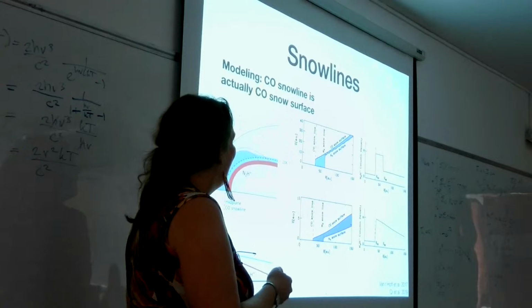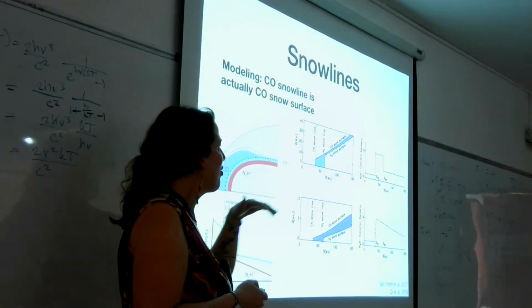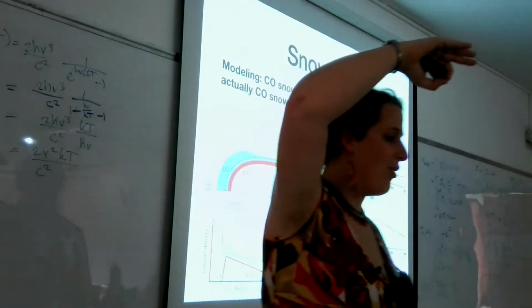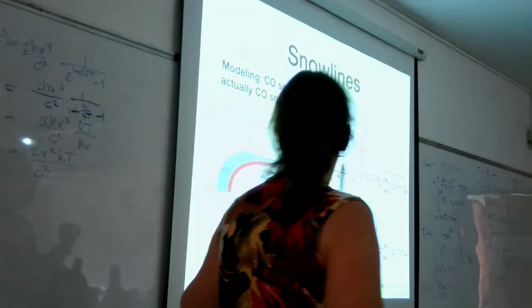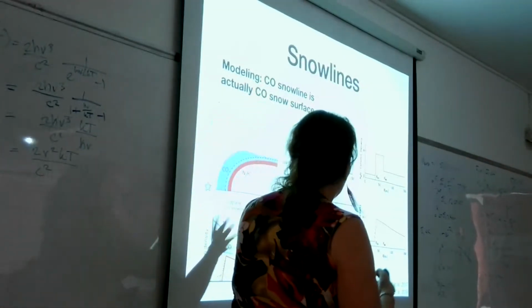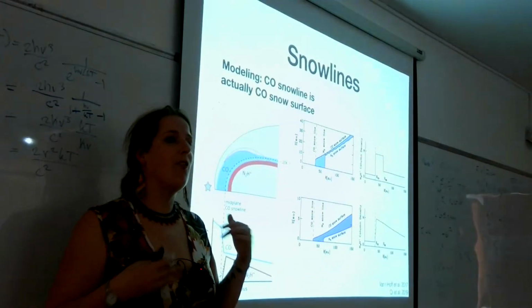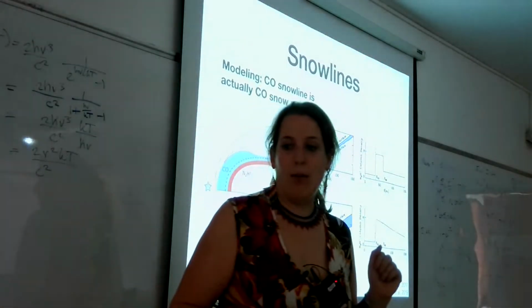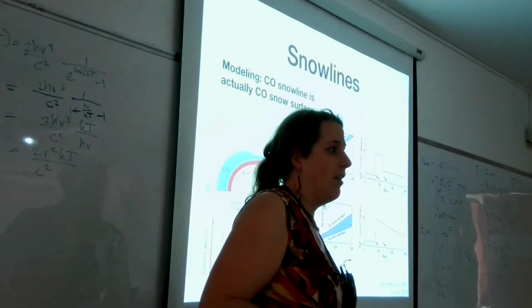If you go further away, you actually get the snow surface. So that means that it becomes a lot harder to say where does the N2H+ emission originate versus where is the CO frozen out. And yeah, it just meant that the anti-correlation between N2H+ and CO was not as straightforward as we usually thought. But it gives more constraints on the temperature structure, of course.